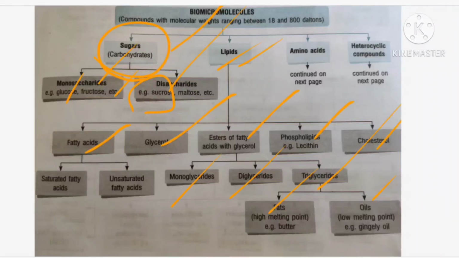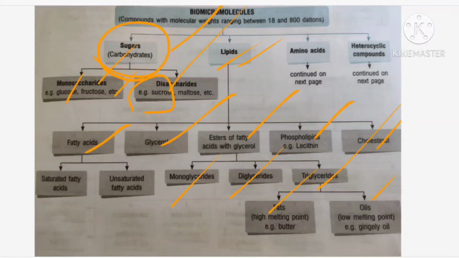Fats, the characteristic feature is that they have a high melting point, okay, they need a much higher temperature, meaning they have what? High melting point. For example, butter, right? And another one, oil, which has a low melting point. An example is your gingerly oil which you use for putting in a lamp and burning it.